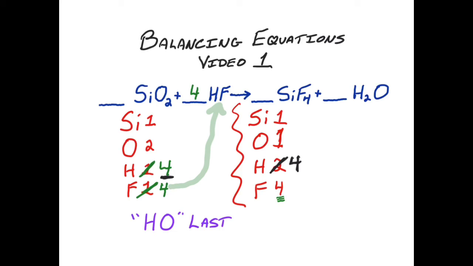The only way for me to get 4 H's is right here because that's the only place my H's are. They come in bundles of 2. So for me to want and get 4 H's, I've got to put a 2 in front of that because 2 times 2 is 4. So I just balanced my H's.